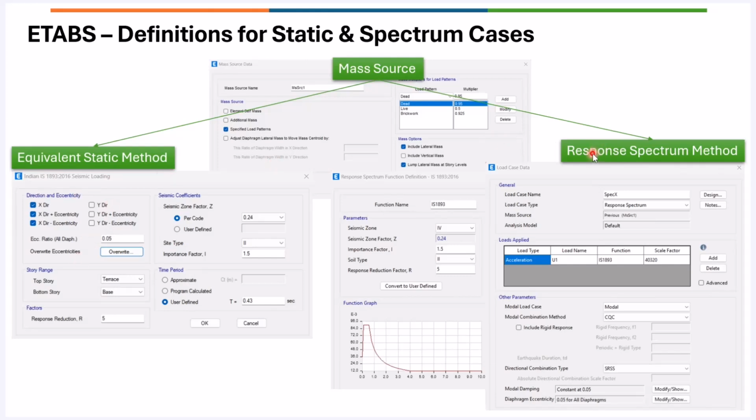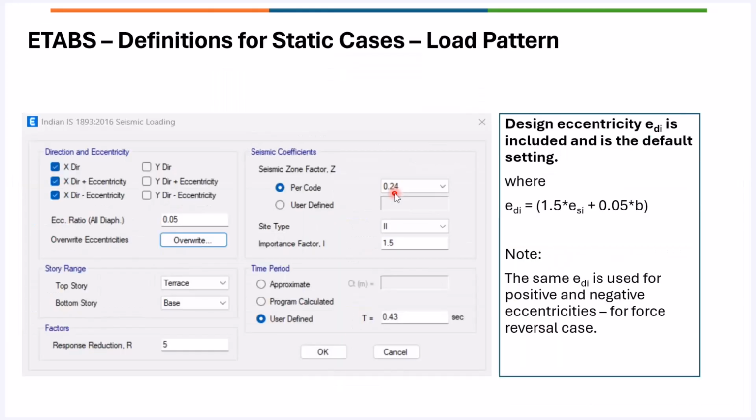So in our presentation, we restrict ourselves to the equivalent static method and the response spectrum method. Start with the load patterns that we have to define these lateral loads.